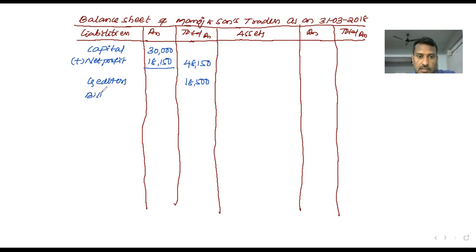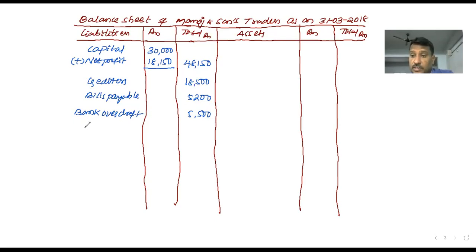After the creditors, the next one is bills payable 5,200. Next one, bank overdraft 5,500.